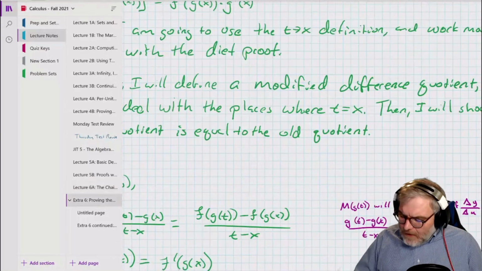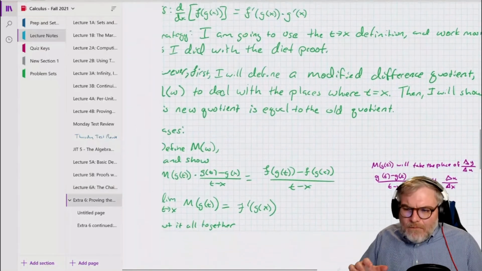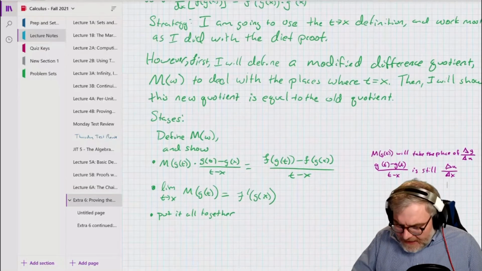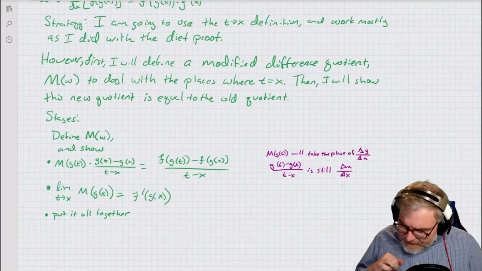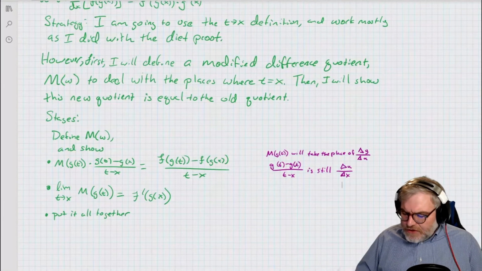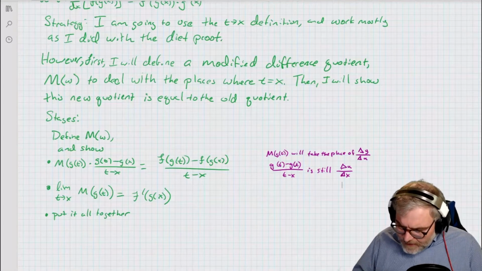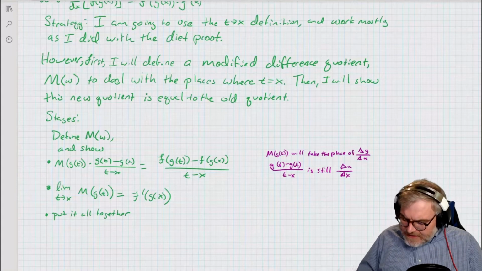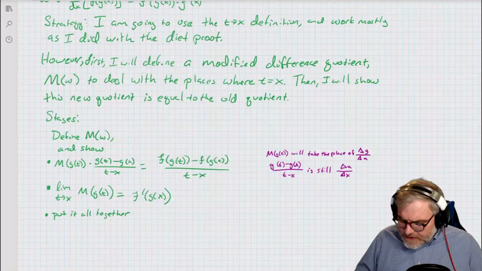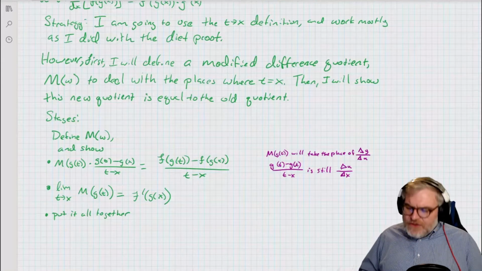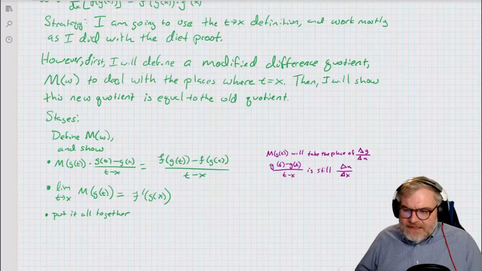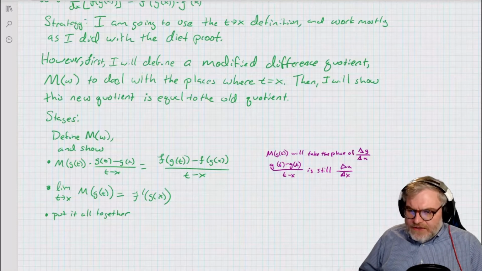Now what I want to do is work around that problem by defining a new difference equation, something to take the place of change in y over change in u in my proof. I'm going to define this modified difference function, m of w, to deal with where t equals x. And then I have to show that it serves the same purpose as the original function.